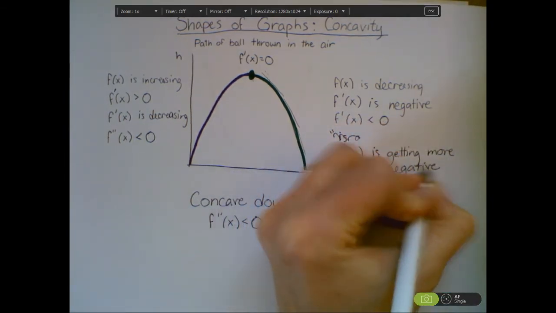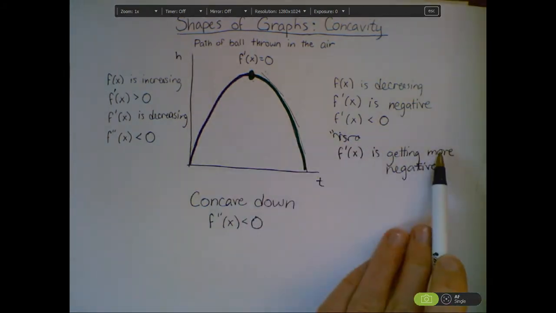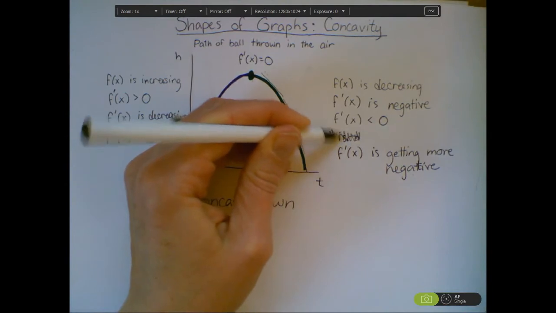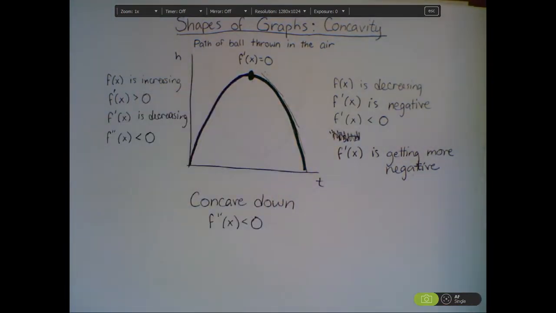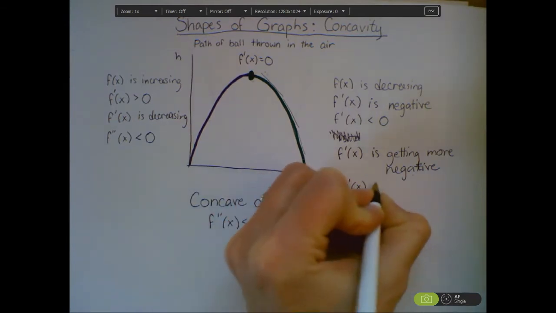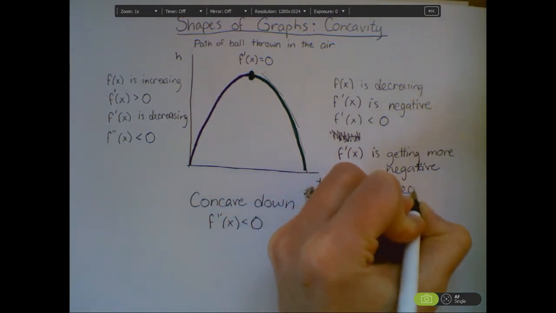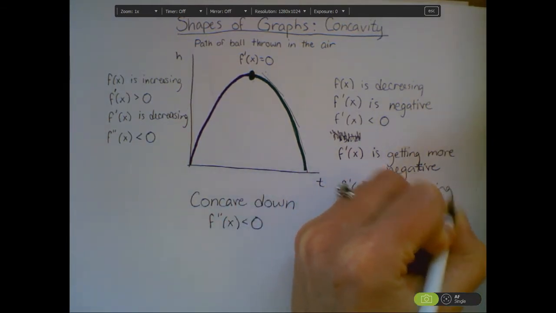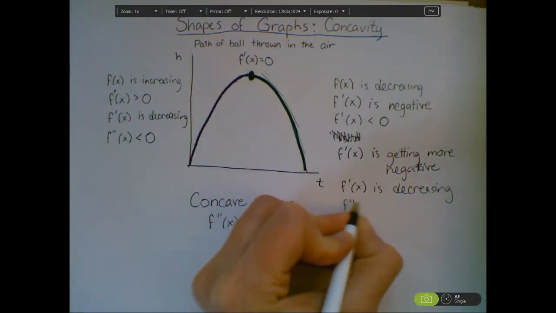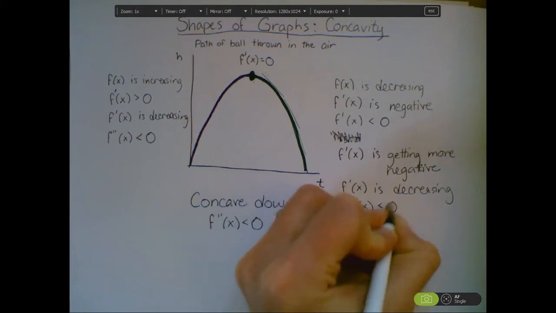And that's sort of a trick of language, that when we say that something is getting more negative, we do mean that it's getting smaller, right? Because negative numbers are smaller than positive numbers. And so that's the same thing as saying that f prime of x is decreasing. And if our derivative is decreasing, that means that our second derivative is less than 0.